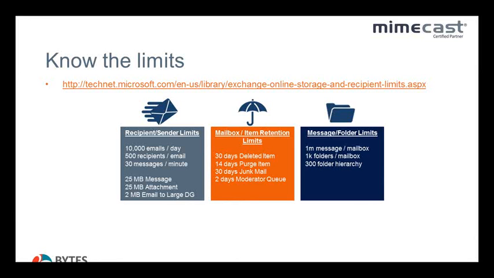Now, the message size limit is the attachment plus the other message components. So if you're sending a message that contains a signature, all the HTML and rich text or plain text components, the headers, all that kind of stuff, the message payload is going to be much larger than 25 meg. So it's worth keeping that in mind.